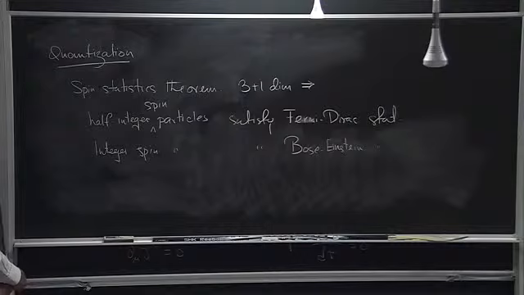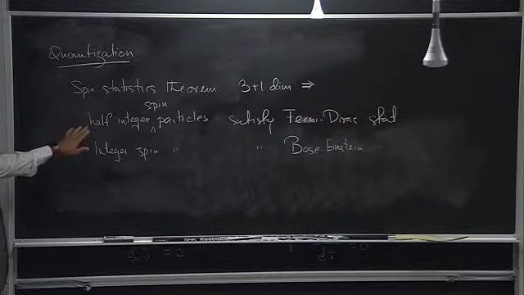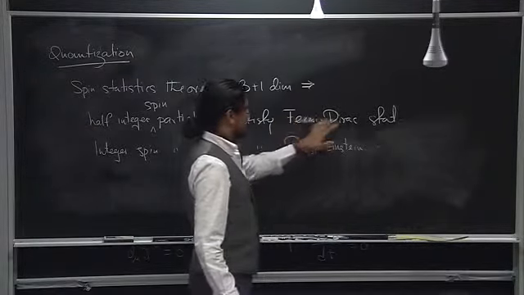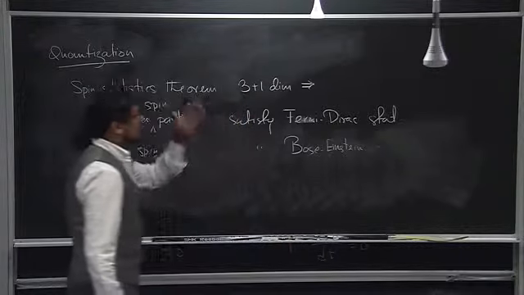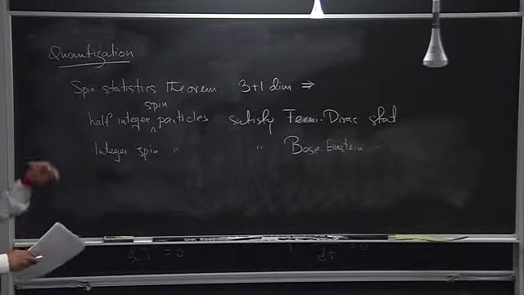Once you write down a Lagrangian, like the Lagrangian that we wrote down for Dirac spinors, and quantize it in such a way that it satisfies Fermi-Dirac statistics, then the Hamiltonian that we derive from the Lagrangian will be bounded from below.